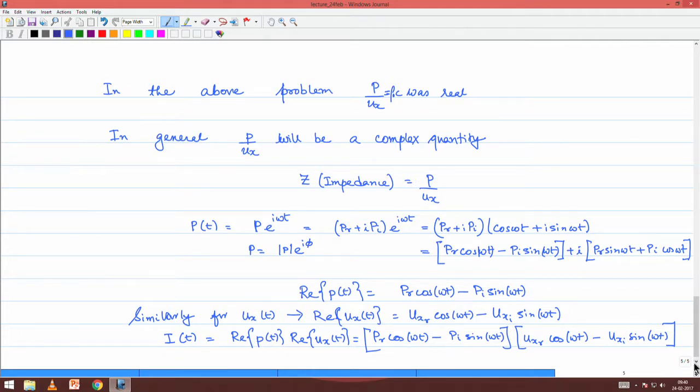So, let us simplify this expression a little bit in the next page.